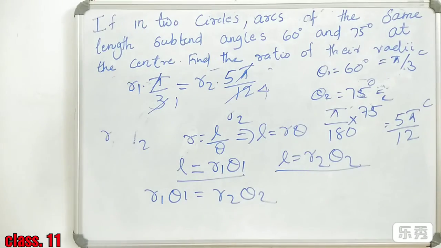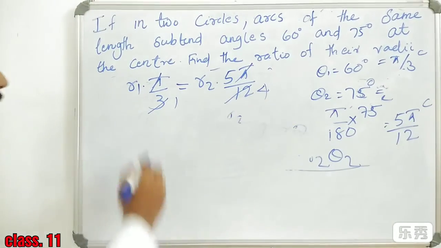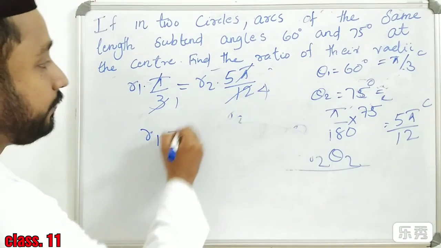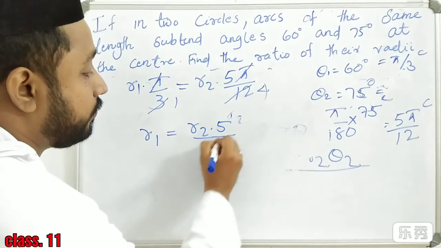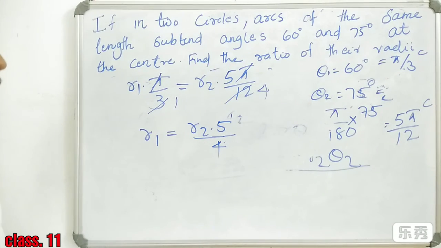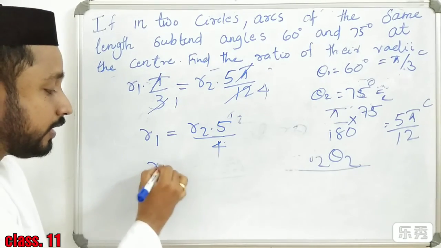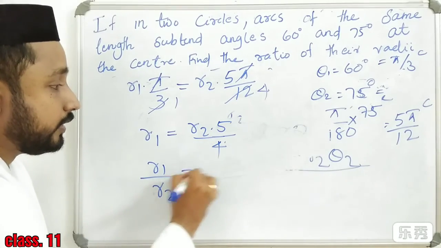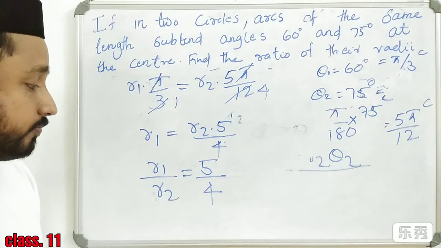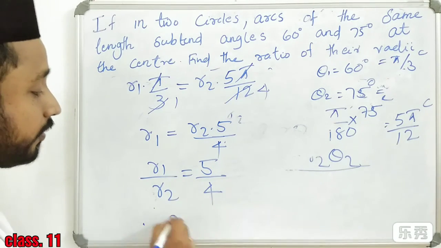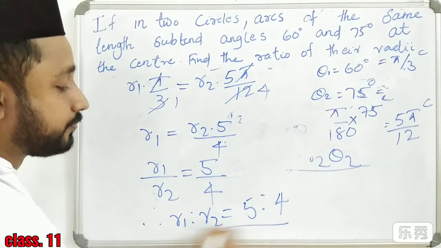So R1 is equal to R2 into 5 by 4. Bringing R2 to the left-hand side, R1 by R2 is equal to 5 by 4. Therefore, the ratio of R1 to R2 is 5 to 4.